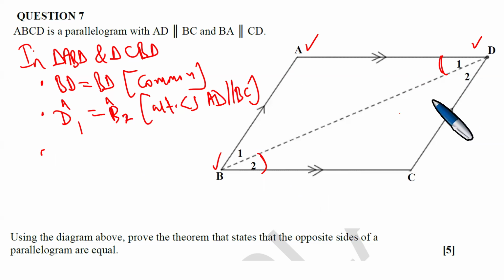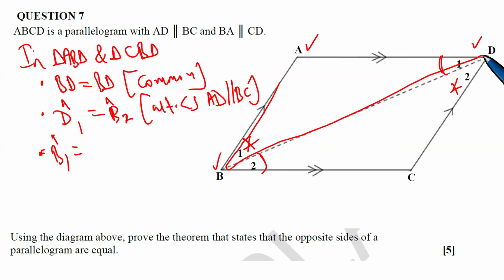Next, we have that angle B1, this one, is equal to angle D2 because this forms a Z. Like so, angle B1 equals angle D2.